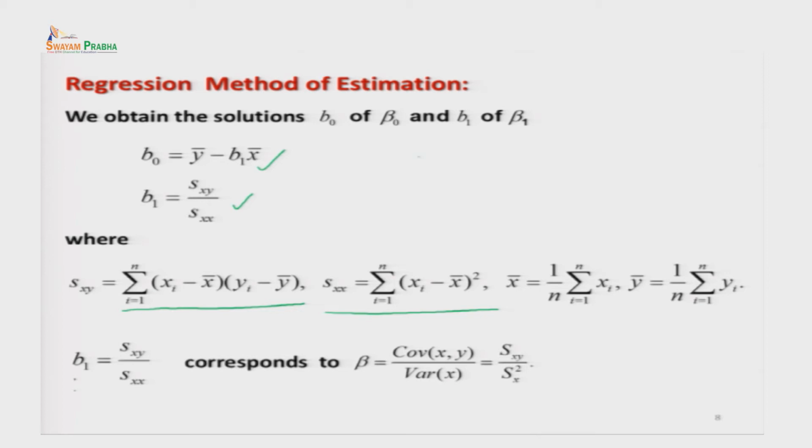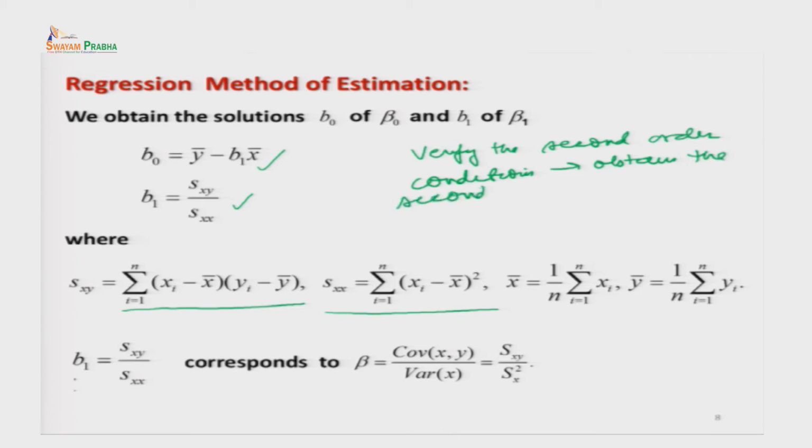And yeah, after this, if you try to verify the second order conditions, you obtain the second order derivatives of S(beta 0, beta 1) with respect to beta 0 and beta 1.